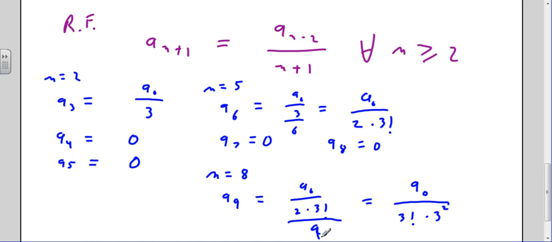Yeah, there's 3 times, I don't know, 2 times 3 factorial. No, this is 3. No, I was right the first time. 3 times 3 factorial.